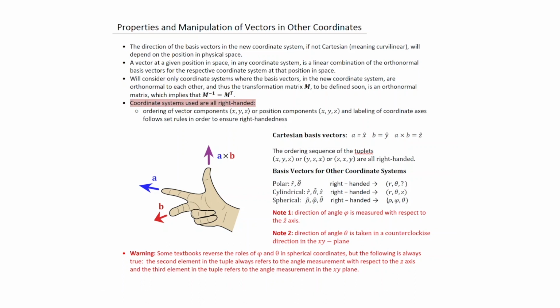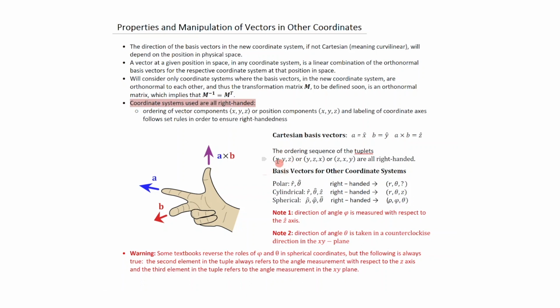Okay, so always perform that operation. The ordering sequence of the tuples x, y, z, or y, z, x, or z, x, y are all right-handed. So there's a sequence here. And so you would see that going from here to here was more like a shift. So what we're doing here is to shift x to the right, wrap around and bring it back on the right.